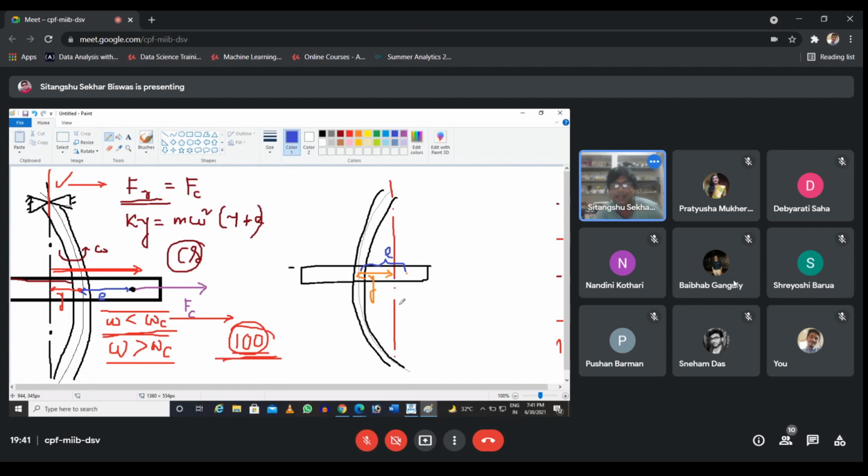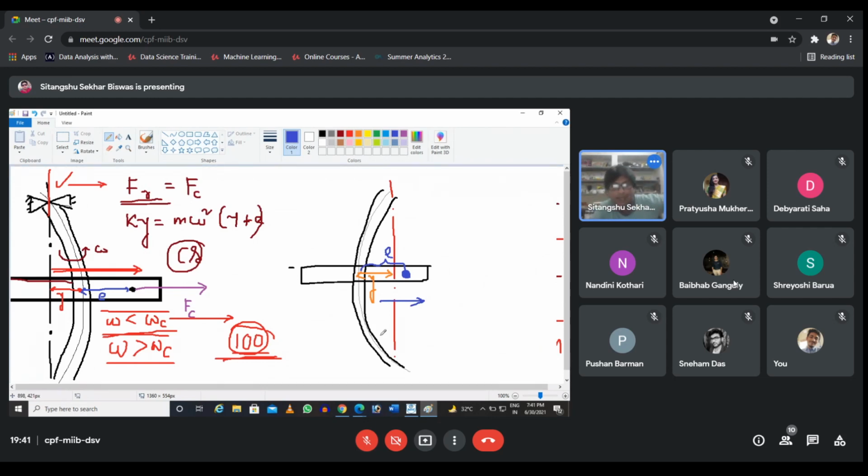So you will get it like this. So here is your entire mass. So now you see the heavier part will be on the inner side. Okay.